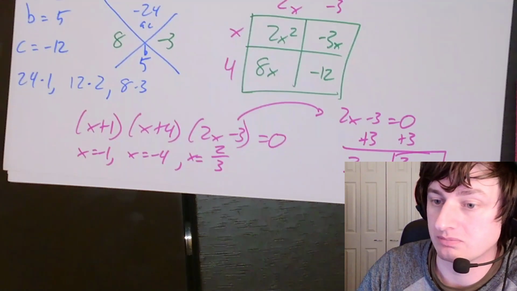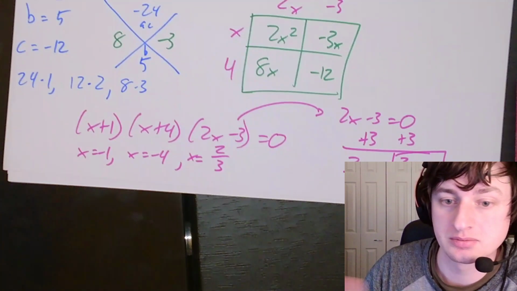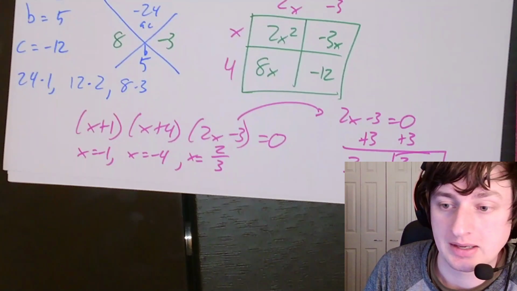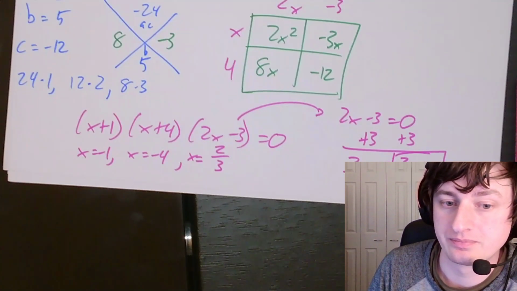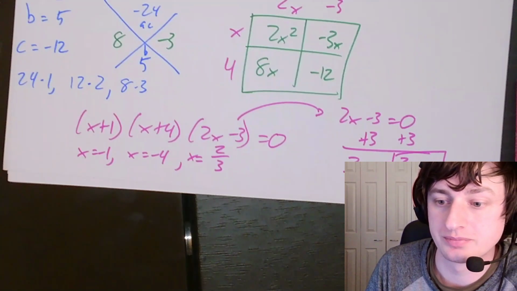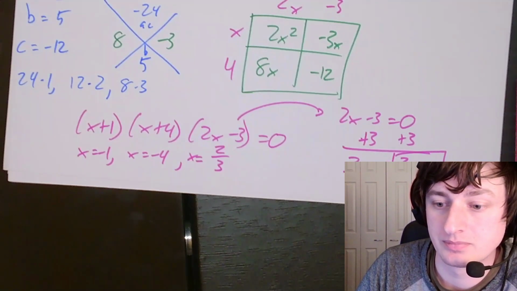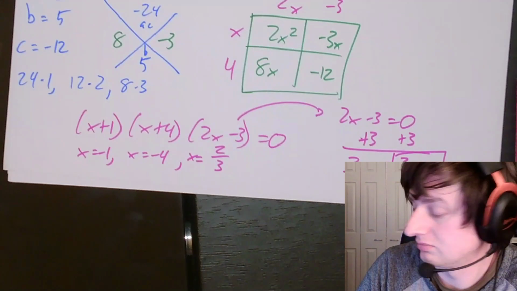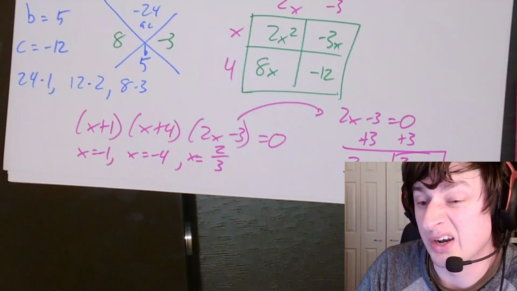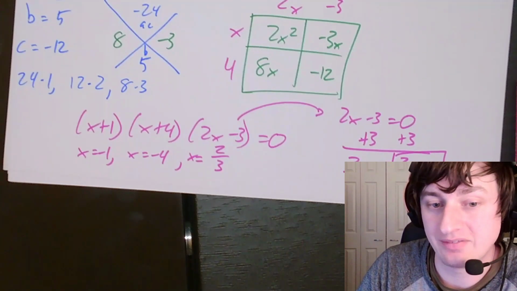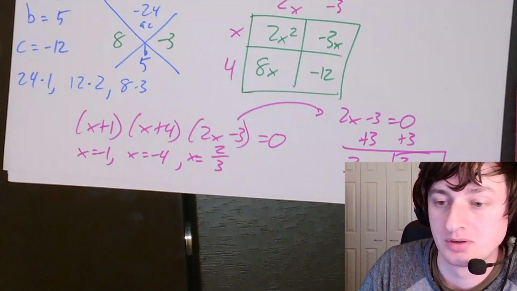And so then we list out all our guesses, check them, and then fully factor and solve. Okay. And that's our lesson on when our a value, our leading coefficient, is not 1.